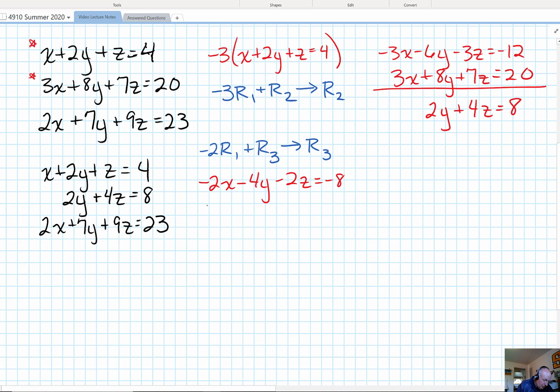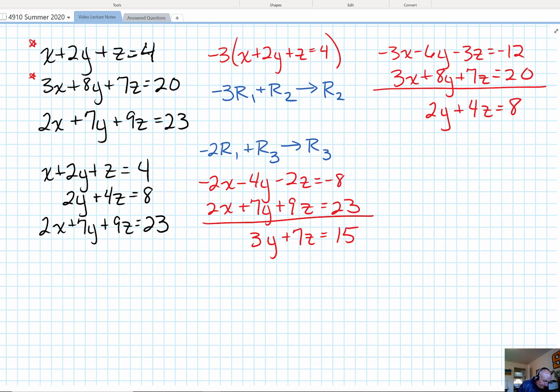Row 3 is 2x plus 7y plus 9z equals 23. And so when I add those, the x's are gone. I'm left with a 3y, a plus 7z, and a 15. That's going to be my new row 3. X plus 2y plus z equals 4.